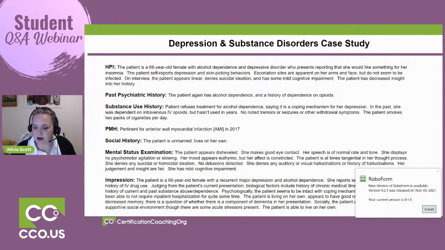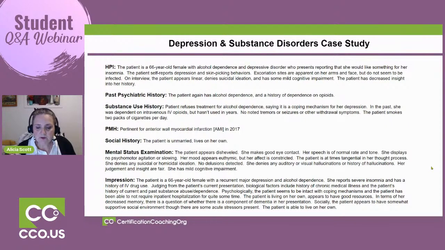Apologize for that. And now we're looking at alcohol dependence. Now we move to the next sentence, report severe insomnia. Very good. Now we have more of a label for the insomnia, and has a history of IV drug use.